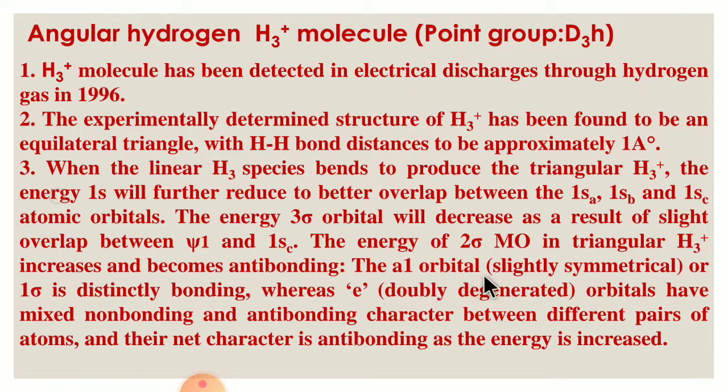The A1 orbital, which is totally symmetrical, or 1 sigma, is distinctly bonding, whereas E, that means doubly degenerate orbitals, have mixed non-bonding and antibonding character between the different pairs of atoms, and their net character is antibonding as the energy is increased.